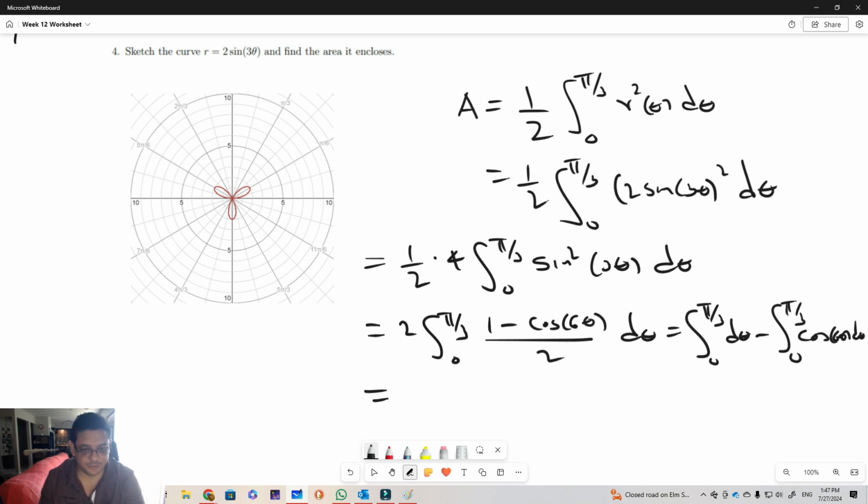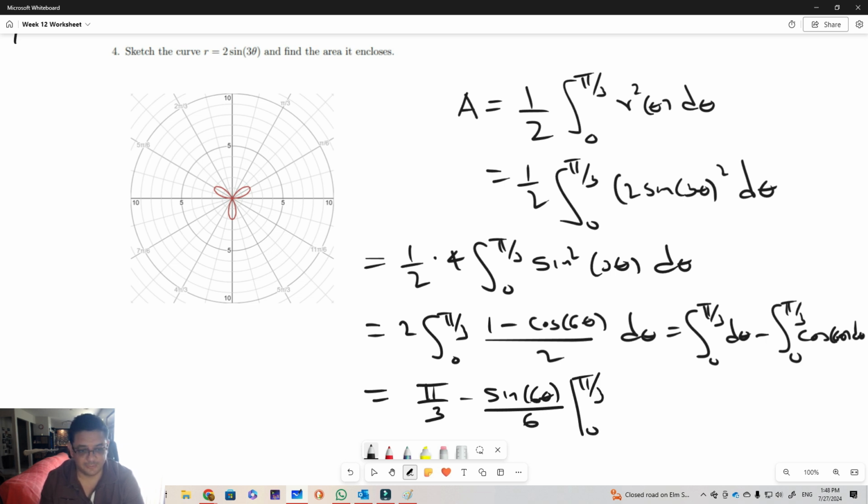Now if I integrate d theta, it's going to be theta, and between pi over 3 and 0 is just going to be pi over 3. And now for the integral of cosine is of course going to be sine. And so this is going to be minus sine of 6 theta over 6 in between 0 and pi over 3.